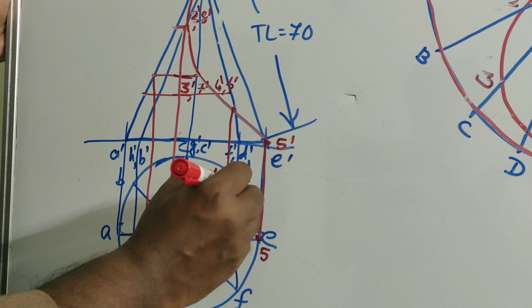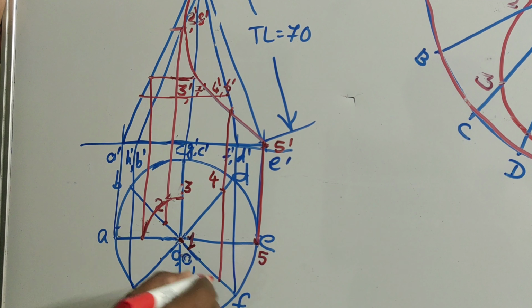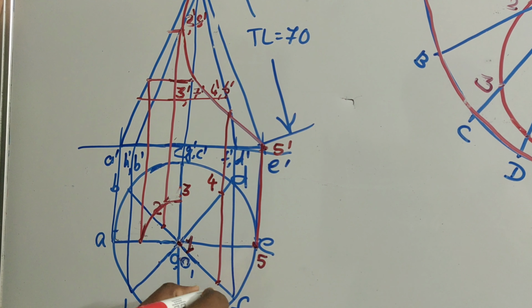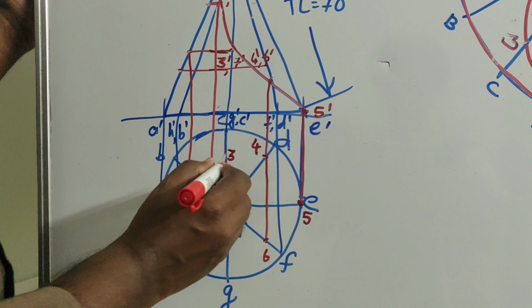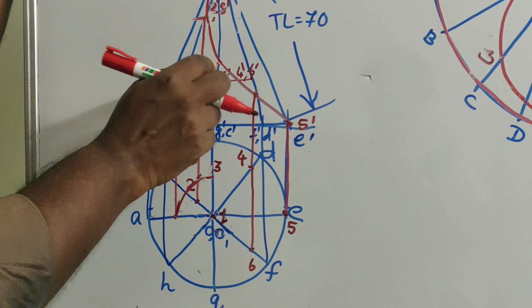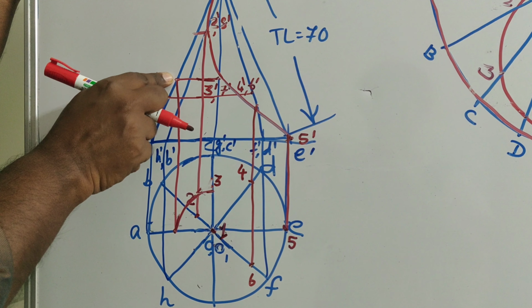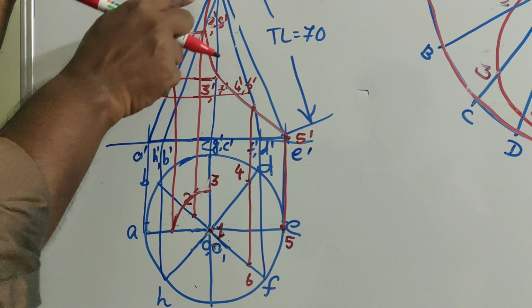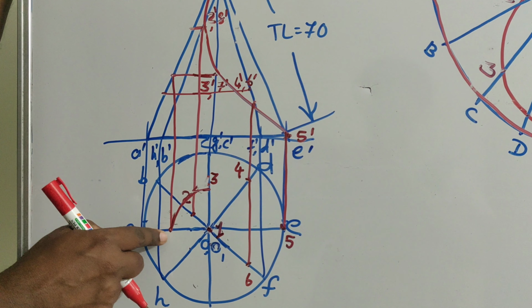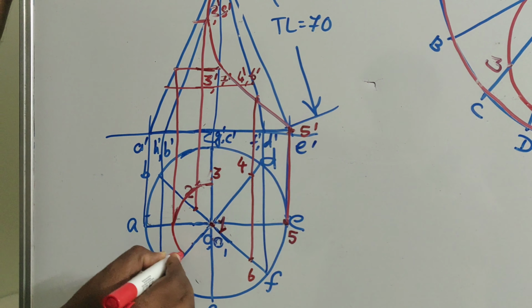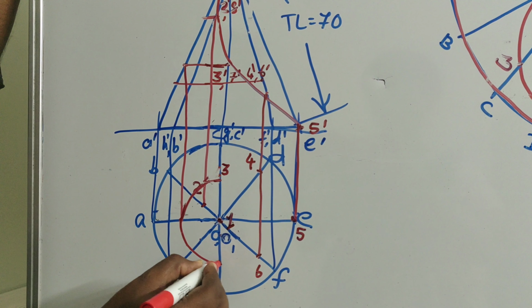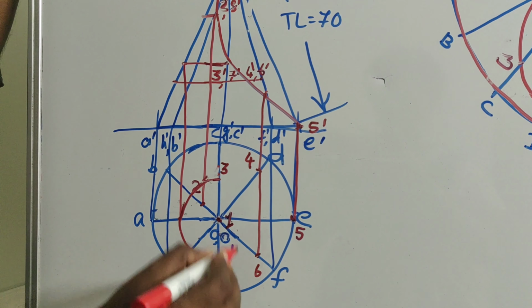Now 6. After 4 you can extend that, you will get along OF, this is point 6. Now again point 7, that also you can rotate because 3 and 7 are at the same level. We can transfer this point or project it towards O dash E dash. You are projecting it to OA, then you can have another arc which is going towards here. So this is point 7.